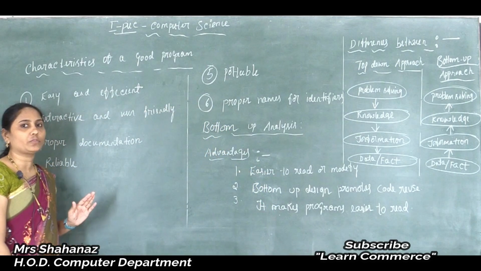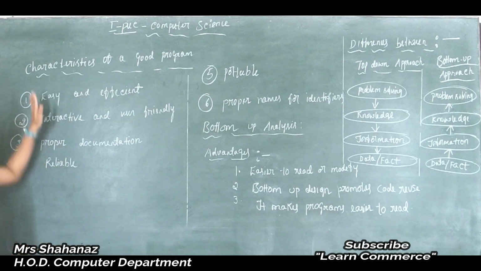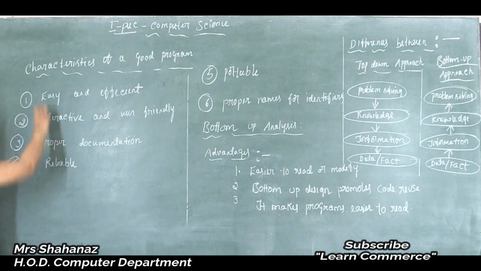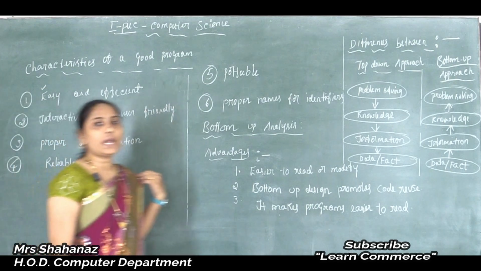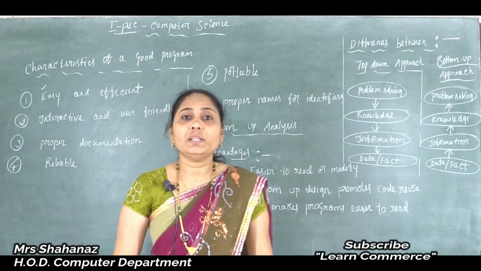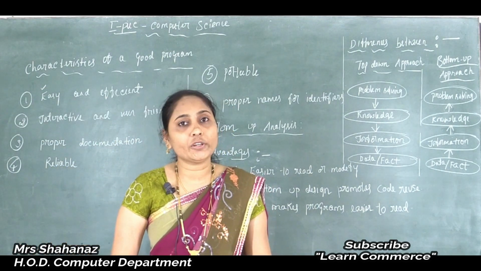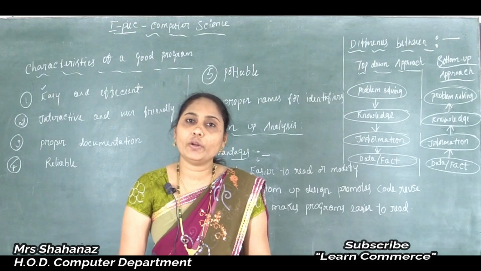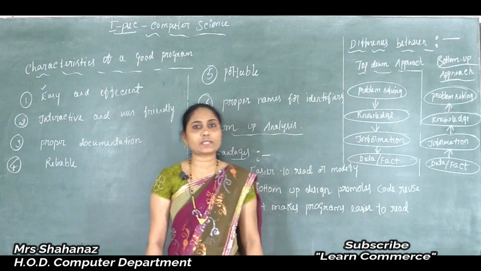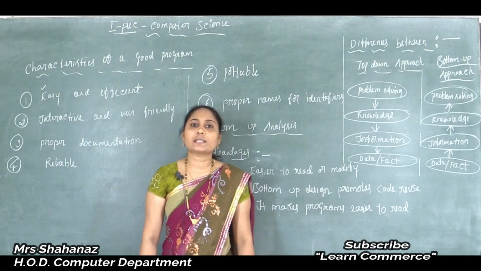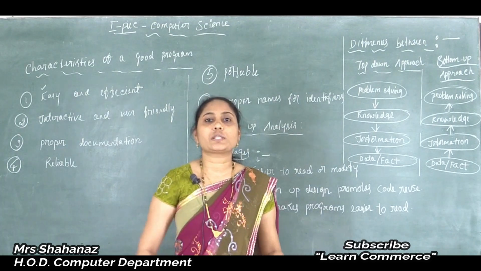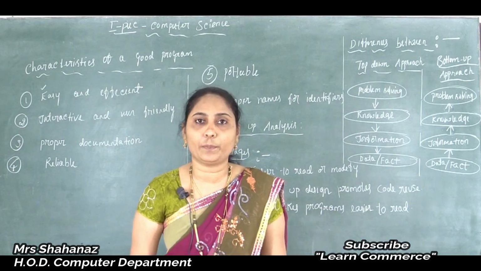Now let's look at some of the advantages of the characteristics of a good program. The first one is easy and efficient. Whatever logic we use in the program, we know that while executing a program we use some important logic, or different kinds of logic.